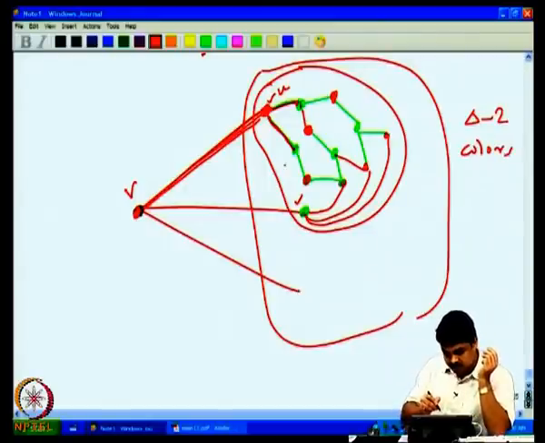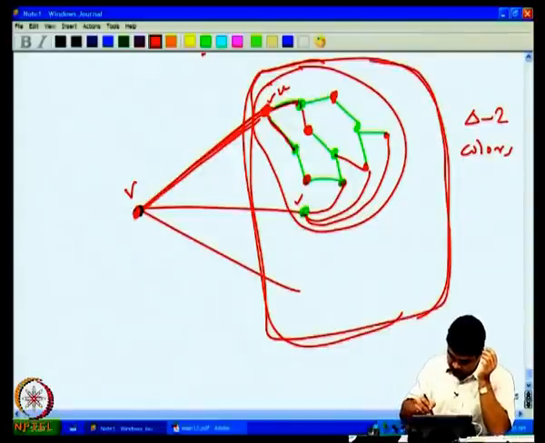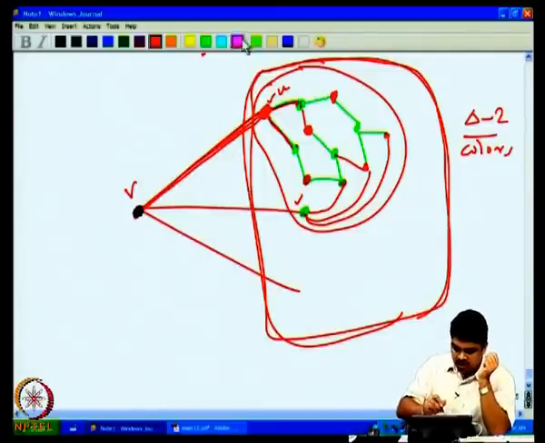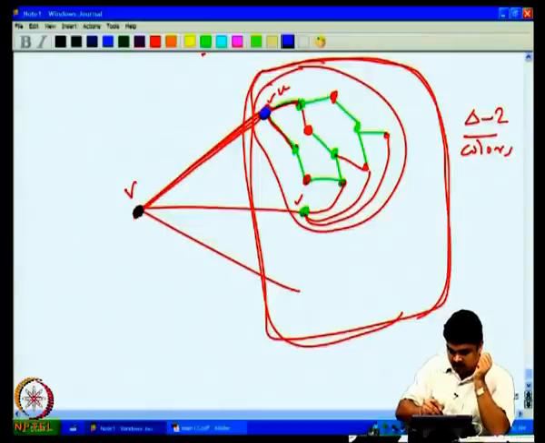Only delta minus 1 neighbors are there in this subgraph, right? Out of that, two of them are using the same color, that means only delta minus 2 colors are used. We have two extra colors, one of which is already there, the red color on this. So we have one more, so we can say maybe it is some blue color. I could have reused that color for this.